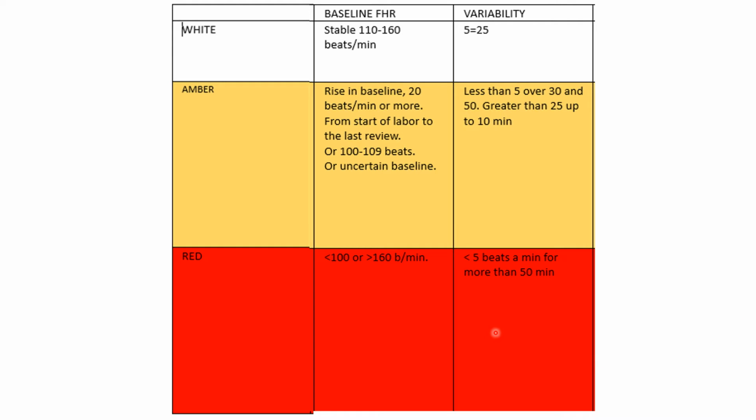In a red signal, the beats are fewer than 5 beats a minute for more than 50 minutes, or they may be more than 25 for more than 10 minutes, or if they are sinusoidal. Then in all these cases, the fetal heart rate variability is considered abnormal and falls in the red category.